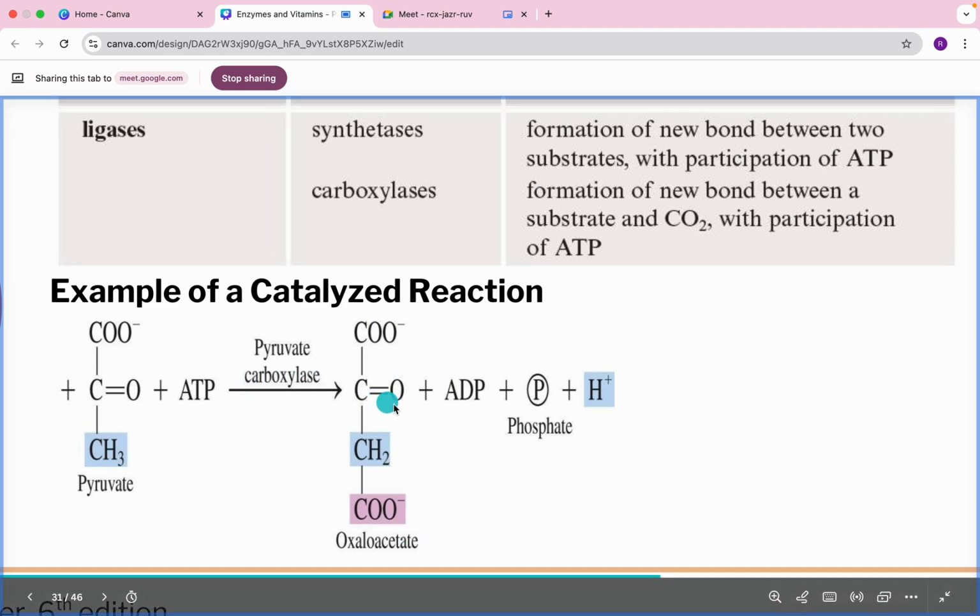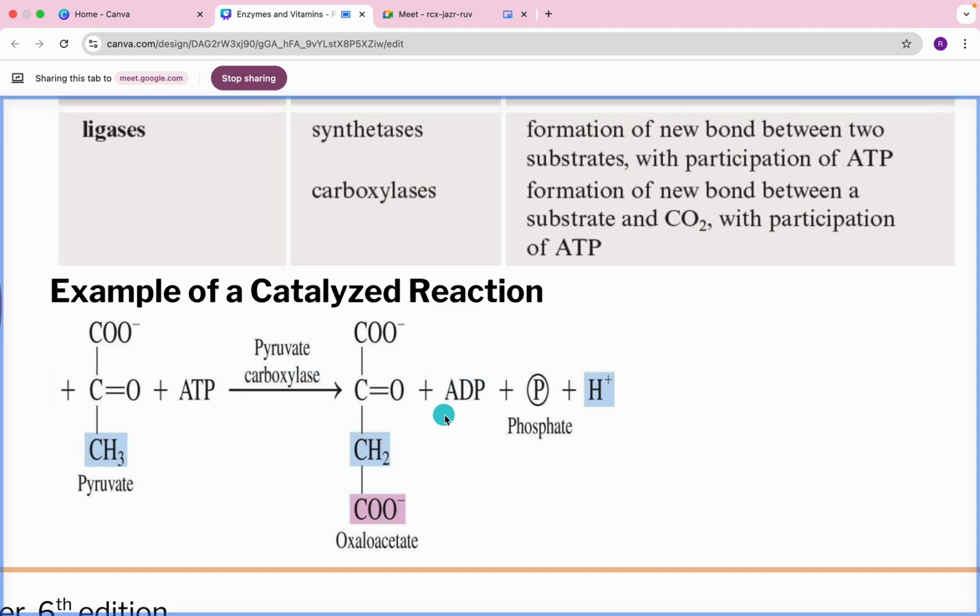And as you can see here, you have your ADP since you already used ATP in this reaction. So there's actually the removal of your phosphate. In pyruvate carboxylase, you cannot actually see it in this whole process because there is also a cofactor involved in the reaction of pyruvate carboxylase.